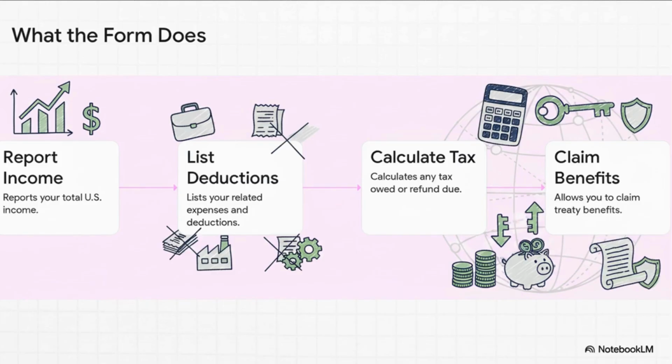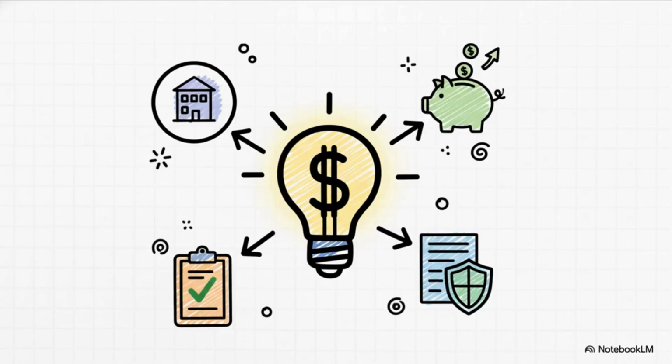So what does this form actually do for you? Okay, think of it in a few steps. First, it's where you report all your U.S. income. Simple enough. Second, it's where you list your expenses and deductions, which is how you lower your tax bill. Third, it does the math and figures out the bottom line, what you owe, or, fingers crossed, what kind of refund you're getting back. And last but not least, this form is your golden ticket to unlocking those powerful tax treaty benefits between your home country and the U.S. So, here's the bottom line.